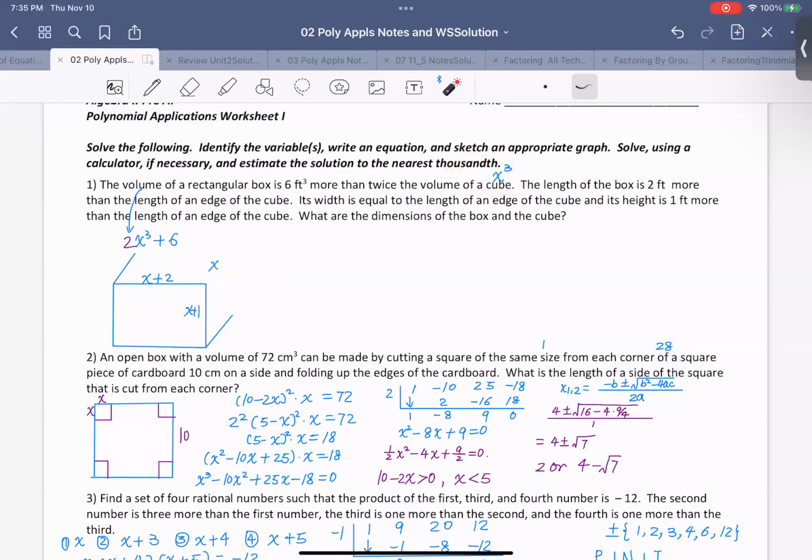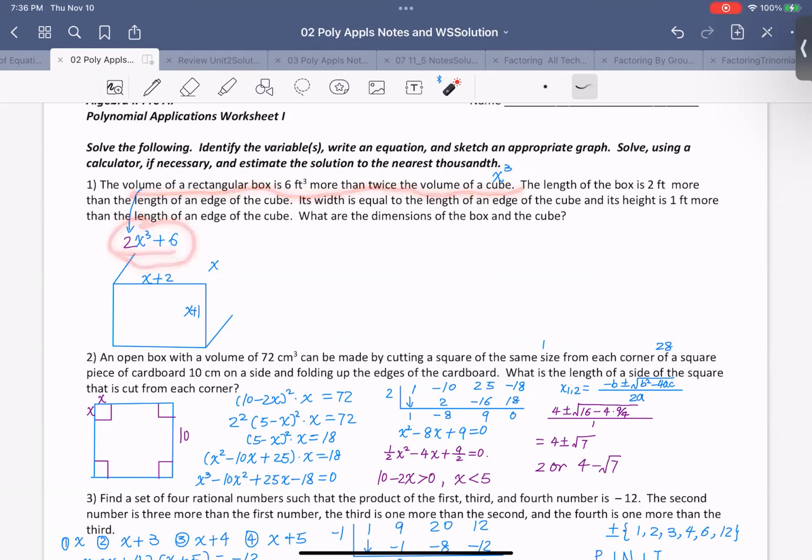And for a cube, if one dimension is x, the cube volume is going to be x cubed. For the rectangular box, they said the volume is 6 more than twice. So if this volume is x cubed, then this rectangular box volume is going to be 2 times x cubed plus 6. You read one sentence, you need to write down this.